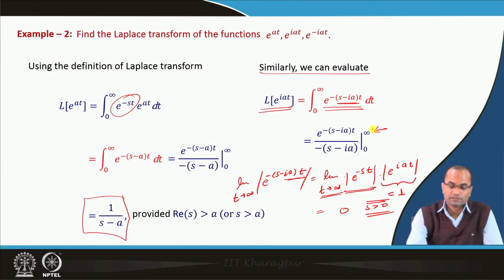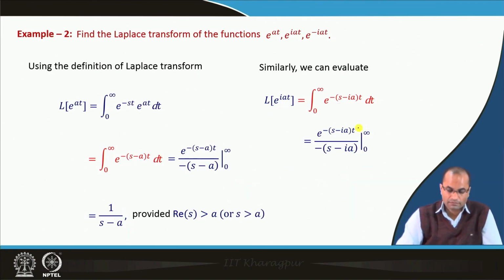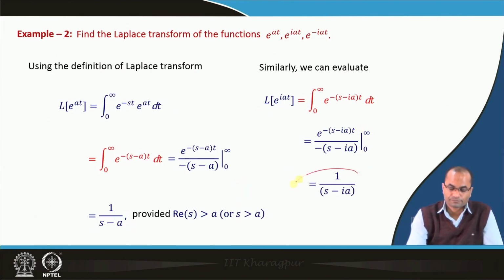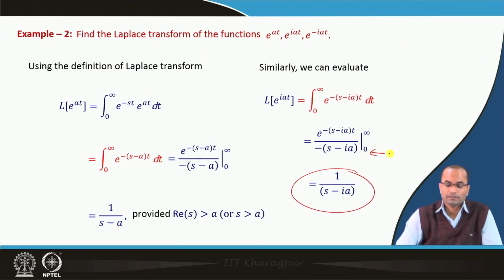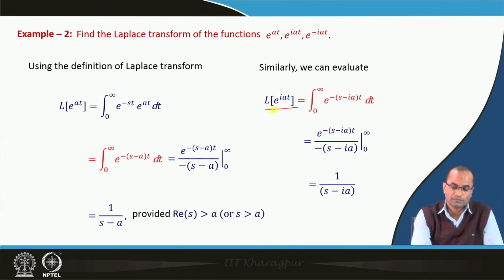Under this condition this infinity can be handled, and then we have the value here when t approaches 0. So, that means 1 over s minus ia will be the value for e^(iat).